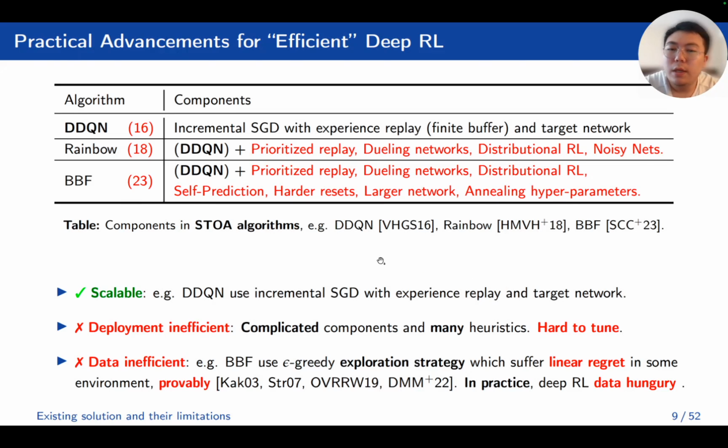There are some advancements in sample-efficient deep RL, but these algorithms add a huge amount of tuning heuristics or complex components, and this is not deployment efficient. Also, even last year's state-of-the-art algorithm, Bigger, Better, Faster, still uses epsilon-greedy, which is probably inefficient in some environments.